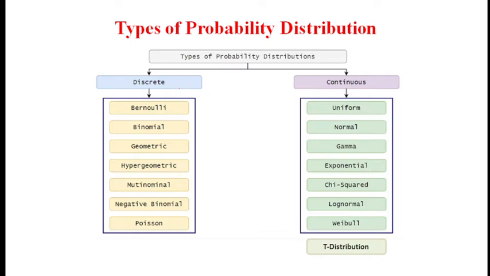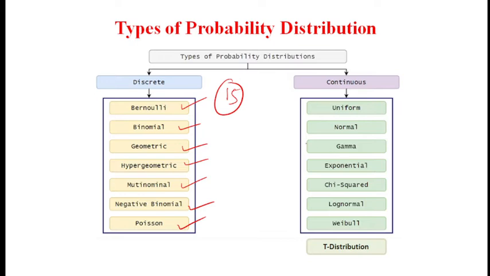What are the types of probability distribution? In the beginning itself, I told you that in this video we are going to discuss a total of 15 types of probability distributions. What are they? Under discrete: Bernoulli distribution, binomial distribution, geometric distribution, hypergeometric distribution, multinomial distribution, negative binomial distribution, Poisson distribution.